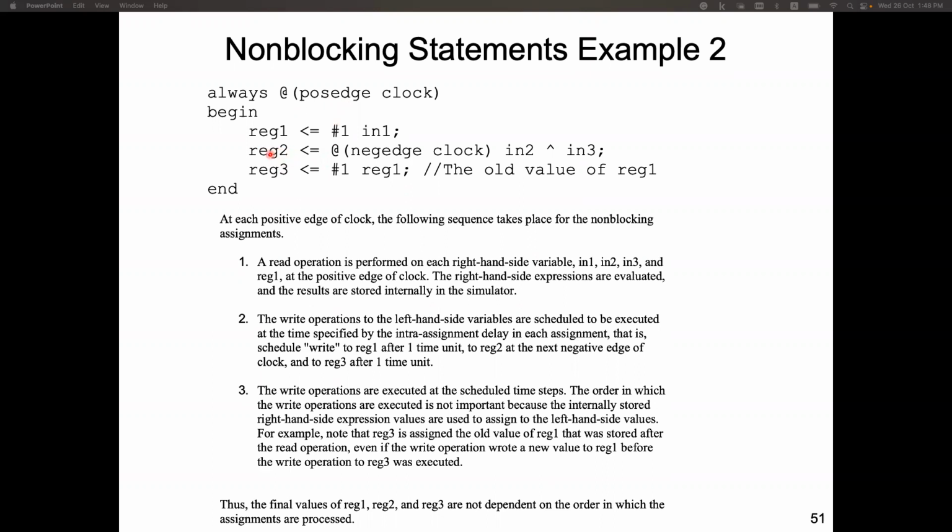And data will be written into register 2 at the next negative edge of the clock. This at can be put inside a statement, not only in the always block. The hash is time control. At is also timing control. We will have details later.